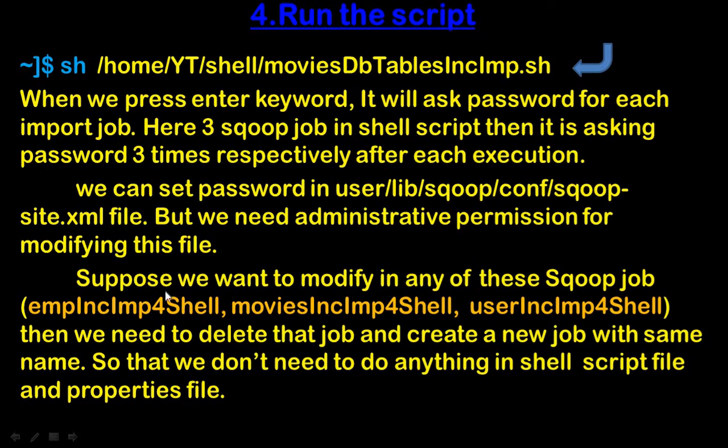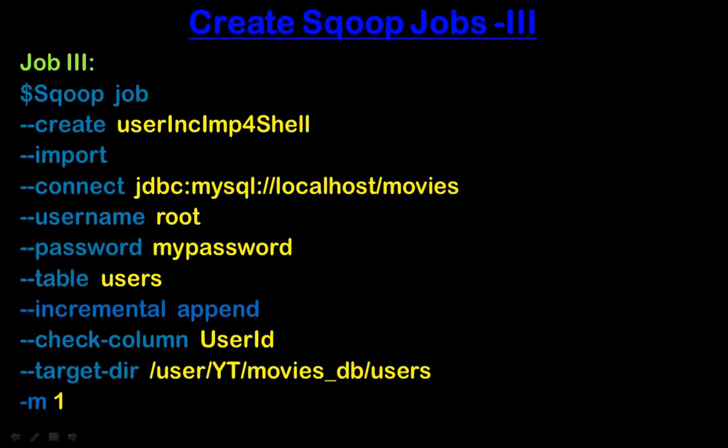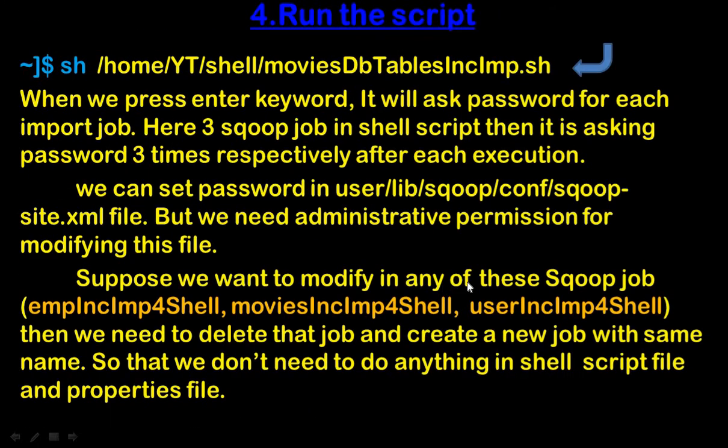So suppose we want to modify any of these Sqoop jobs. Suppose we made a mistake and we want to modify a Sqoop job. It means job first, job second, job third. So if we want to modify any of these jobs, then we need to delete that job and create a new job with the same name, as we have created these 3 Sqoop jobs.